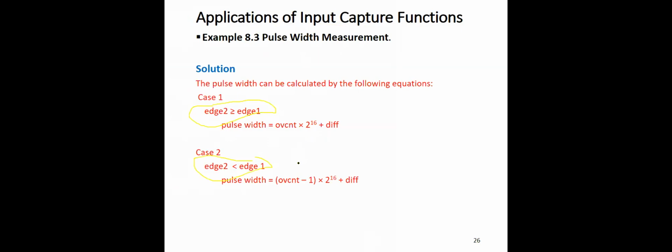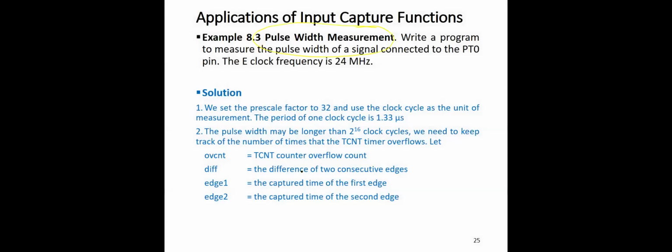So basically the difference is you only subtract 1 from the overflow count in this case, because you already have that when you subtract T2 minus T1. So this is the idea in this example.